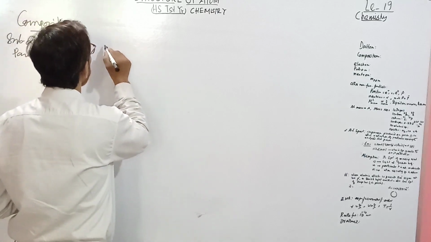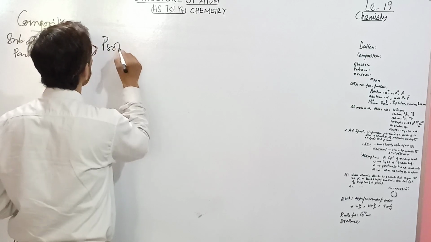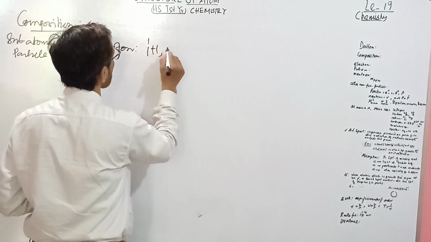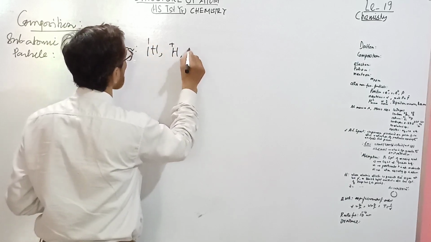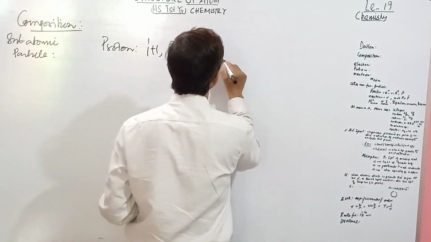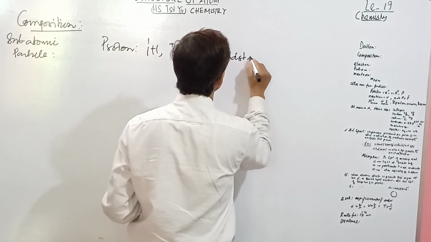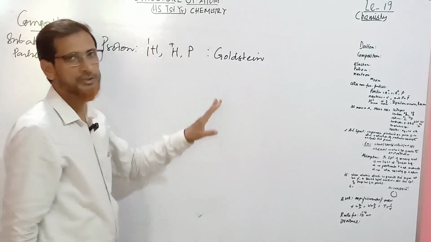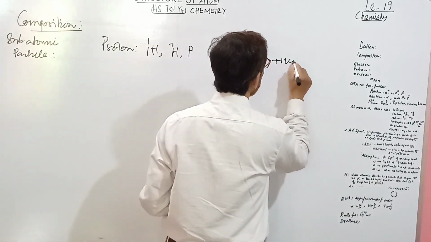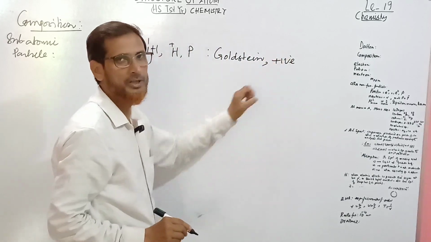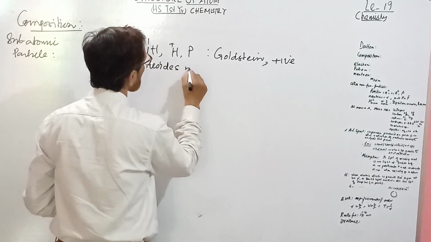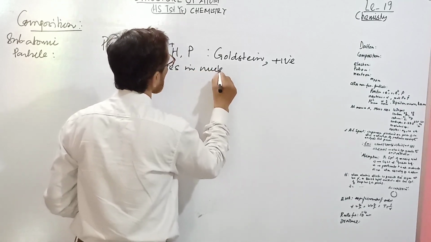The first one is the proton, designated by P. Discovered by Goldstein. It is a positively charged particle found in, or resides in, the nucleus.